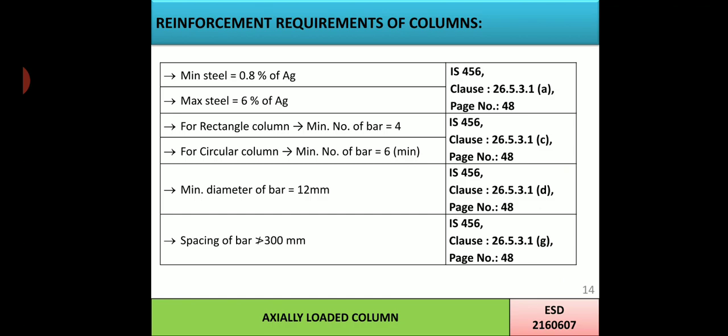Next, minimum diameter of the bar is 12 mm as per clause 26.5.3.1d, page number 48. And the last one, spacing of the bar should not be greater than 300 mm as per clause 26.5.3.1g, page number 48. Now this spacing of bars will play a very important role while deciding the number of bars for the column.